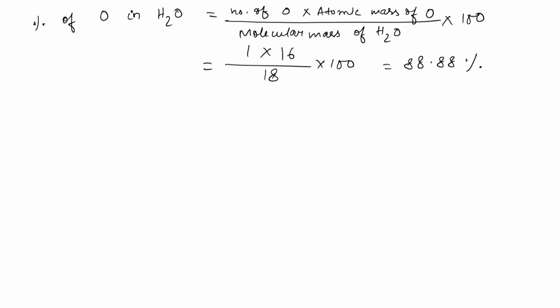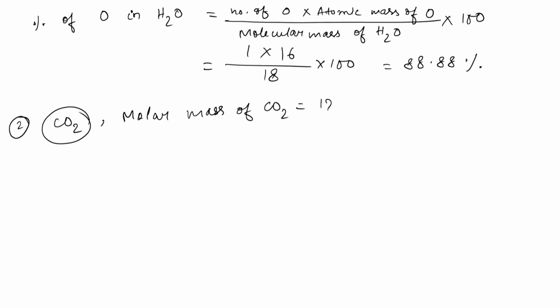Now, let's see another simple example. Percentage composition of carbon dioxide. What is the molar mass or molecular mass of CO2? 12 into 1 plus 16 into 2. So, this comes as 44 grams.